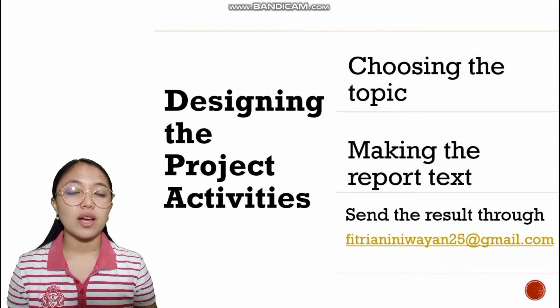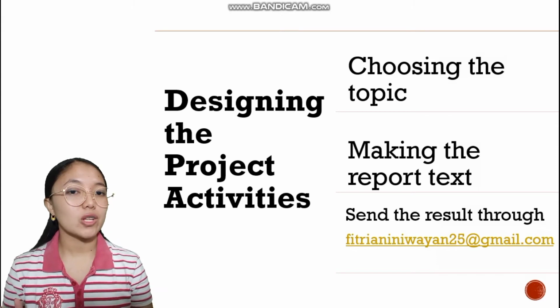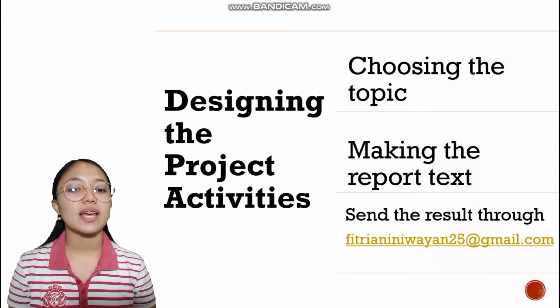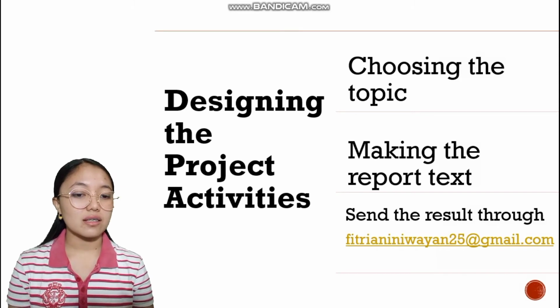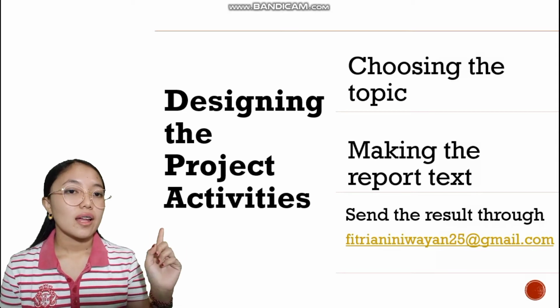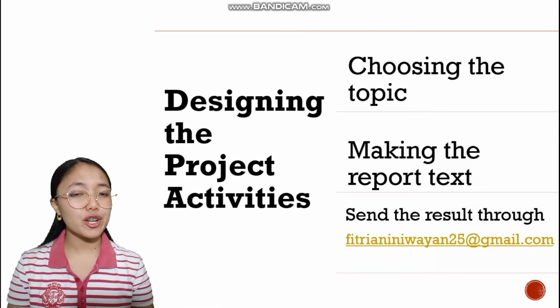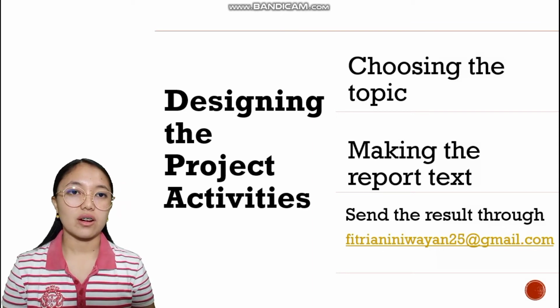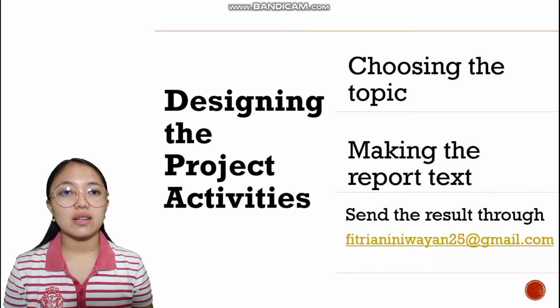You have to make a report text based on the topic that you choose later. And the last one is send the result through my email. This one's my email. After you finish to write a report text, you can send your work to my email.